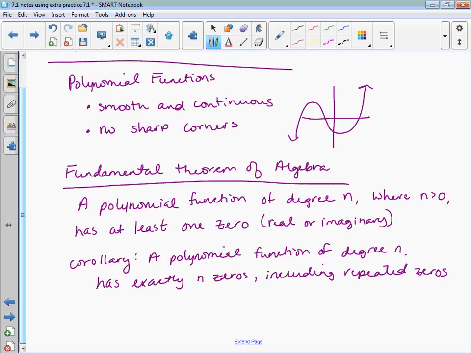I think you guys already knew this. You probably didn't know it was called the fundamental theorem of algebra.